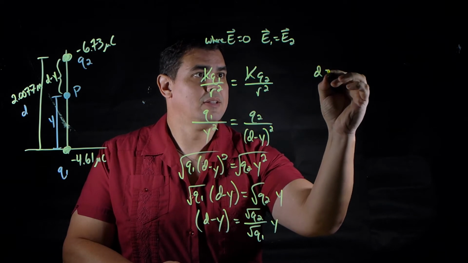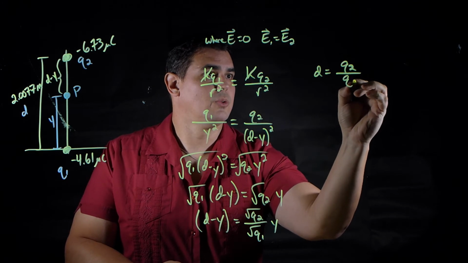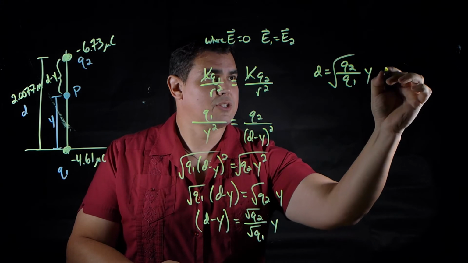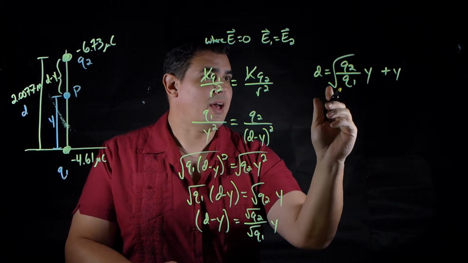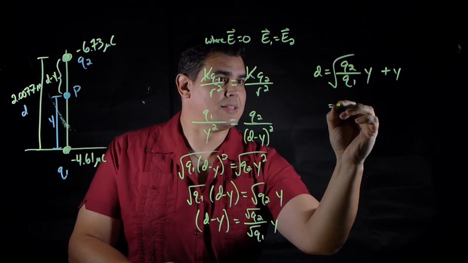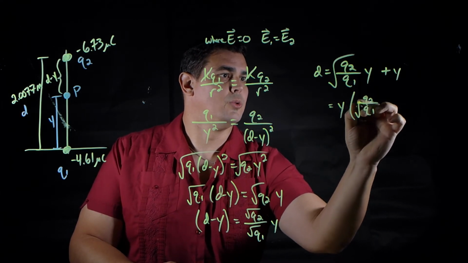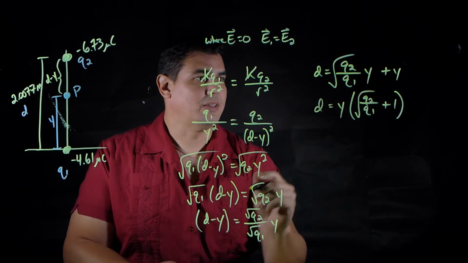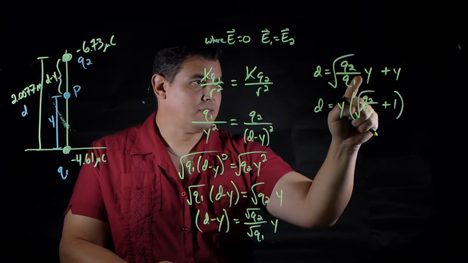So I get D equals root Q2 over Q1 times Y plus Y, because I added this Y over. That equals D. Okay, so now let's pull Y out, right? So I can say that Y times root Q2 over Q1 plus 1, that's the same thing as this, right? Equals D. I just pulled the Y out, so this Y will distribute in to give you that.